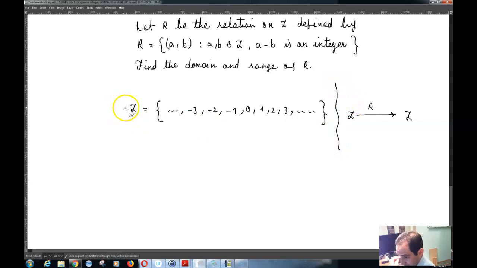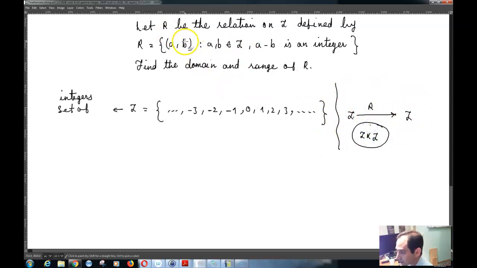Now, this is the set of integers. Now, R is a relation defined on this, this is basically Z times Z, of course.